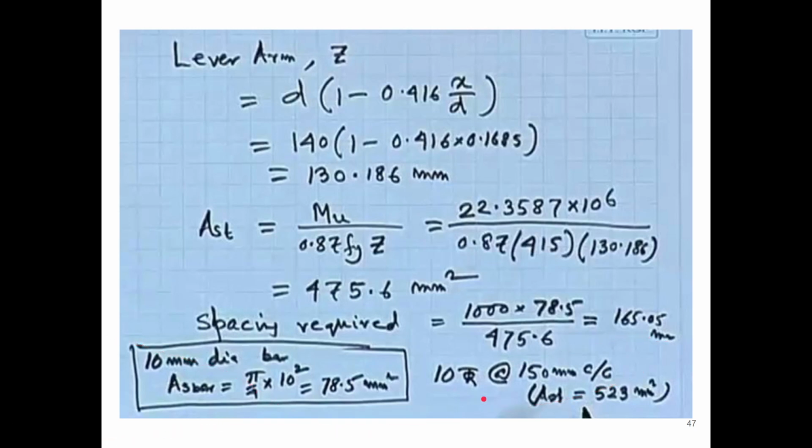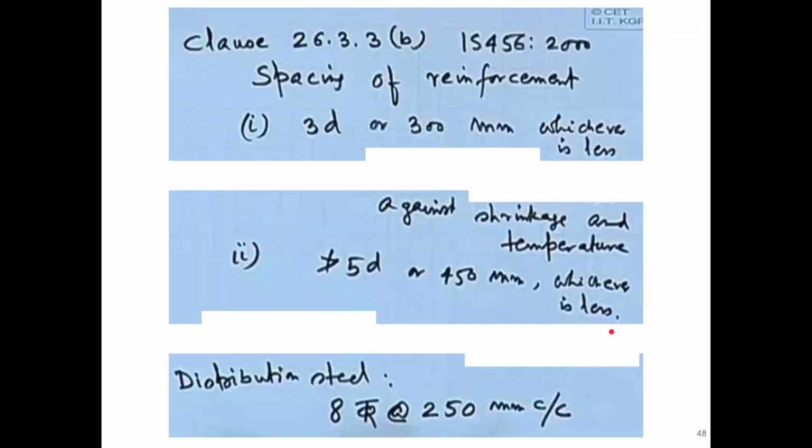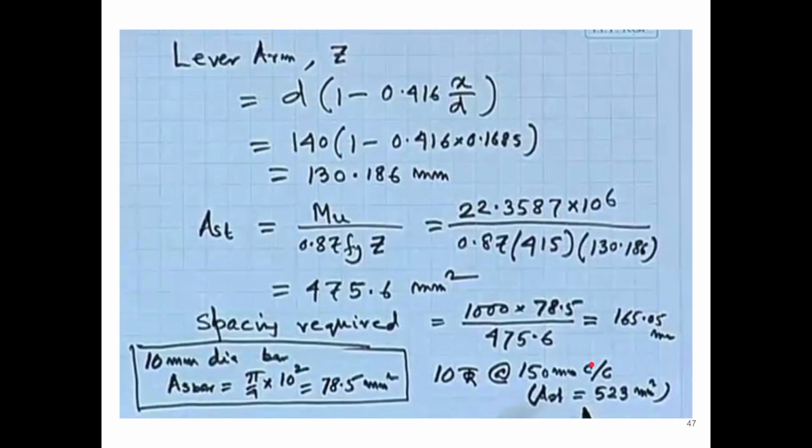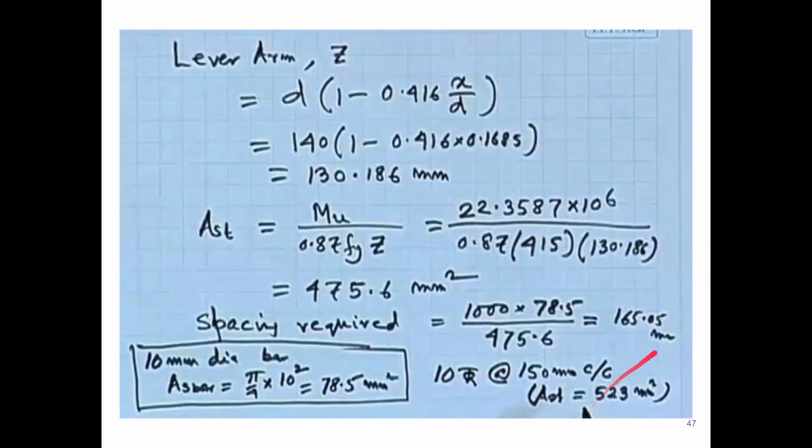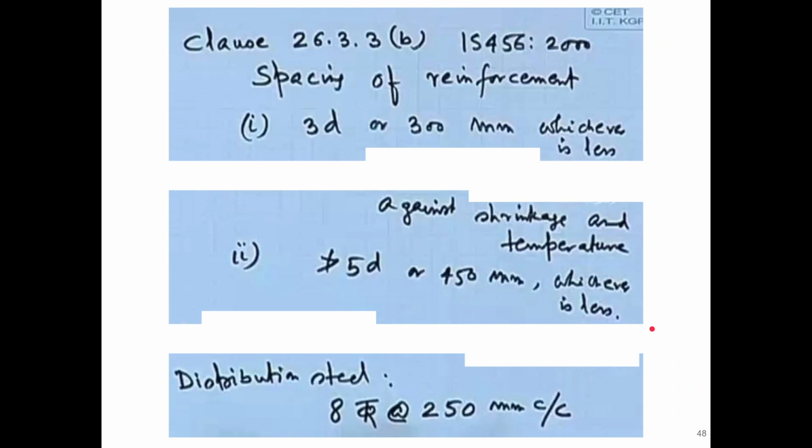Now checking the required conditions, the spacing should be the minimum of 3d, 300 mm, and the value we have found. That is the general case, and we take the lowest value as per clause 26.3.3. And if there is shrinkage and temperature, it should also not be greater than 5d or 450 mm.